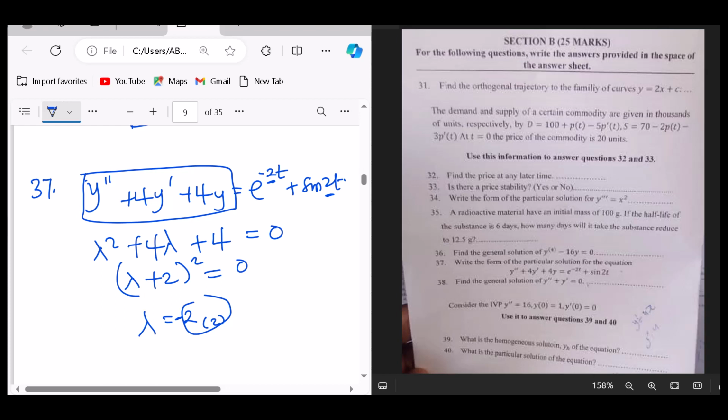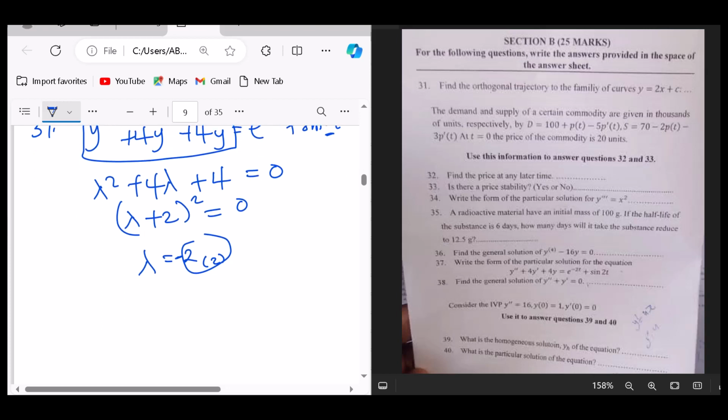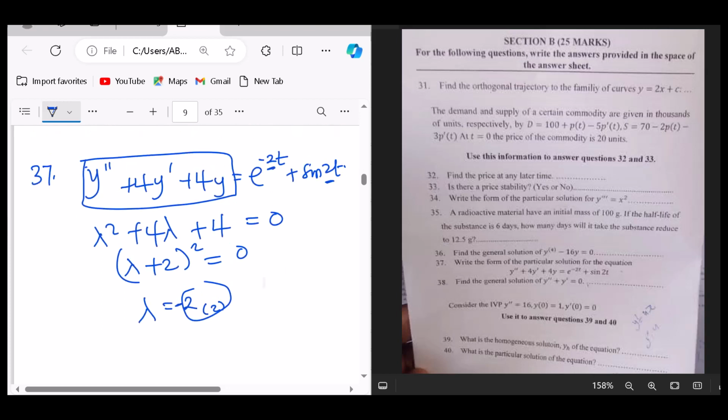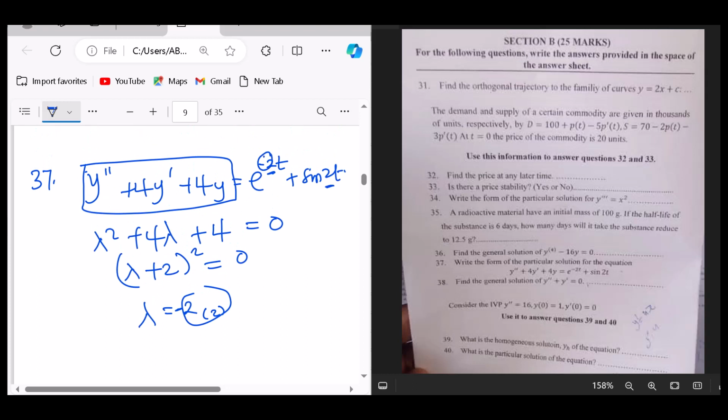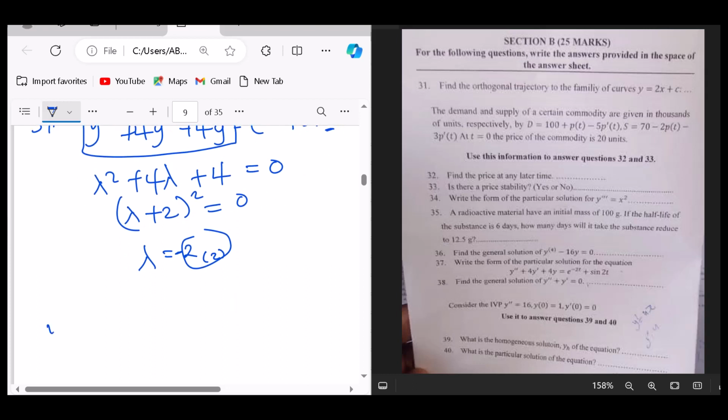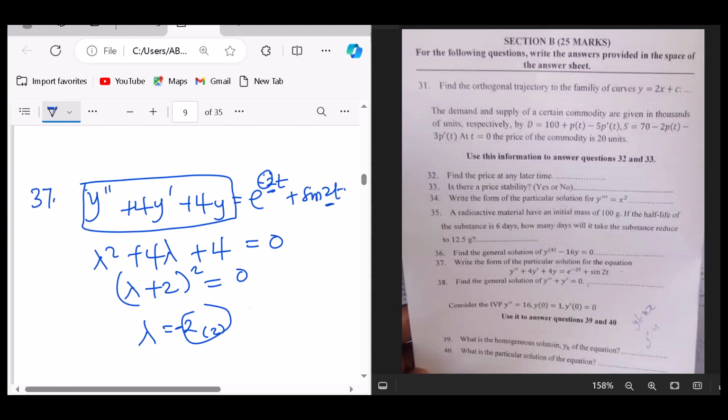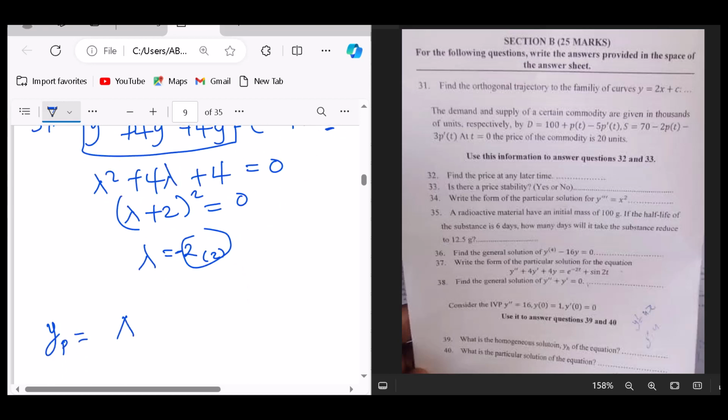Since we get negative 2 and this term is e power negative 2t, writing the particular solution, y p should have just been a e power negative 2t, but because of the negative 2 that we got in our answer, we multiply by t.